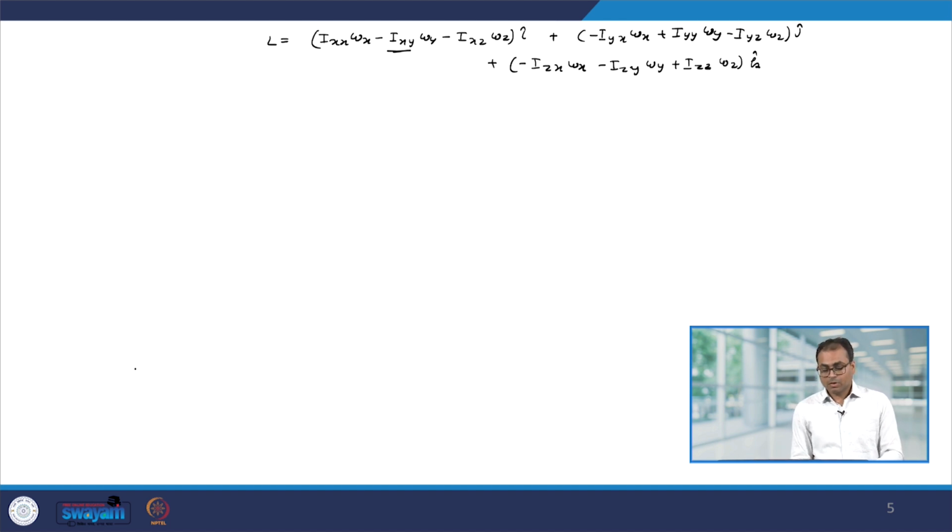Okay. So, these are the components of the angular momentum along the i axis, along the j axis and along the k axis or unit vectors.